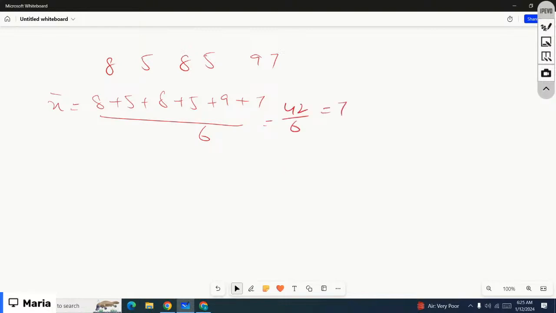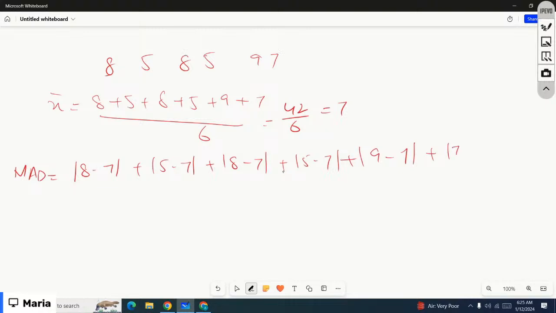42 it is. 42 divided by 6 is 7, right? So we have the mean now. The mean is 7. Let's just calculate the mean absolute deviation. Just subtract the mean value from every value given in the data set. 8 minus 7 plus 5 minus 7 plus 8 minus 7 plus 5 minus 7 plus 9 minus 7 plus 7 minus 7, right?